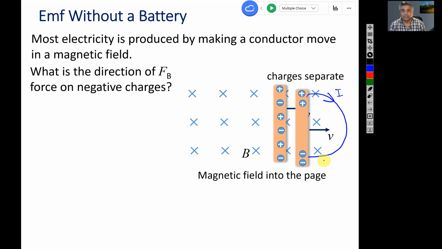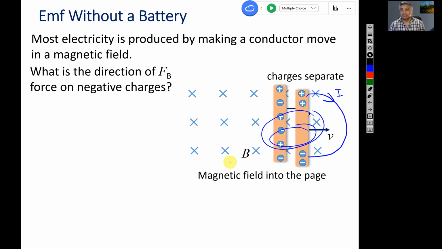There has to be a source. What happens to make this rod move? We need to apply force. We need to do work. So that work we are doing is being converted into the electric energy here.